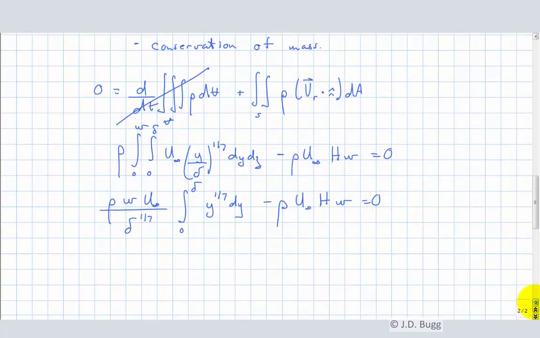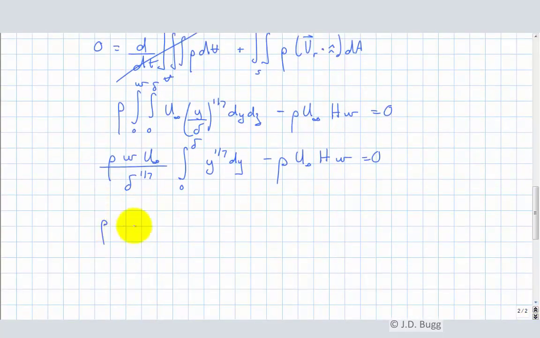That all has to equal 0. So density w u infinity over delta to the 1/7, and the integral gives delta to the 8/7 divided by 8/7, minus still rho u infinity hw equals 0.